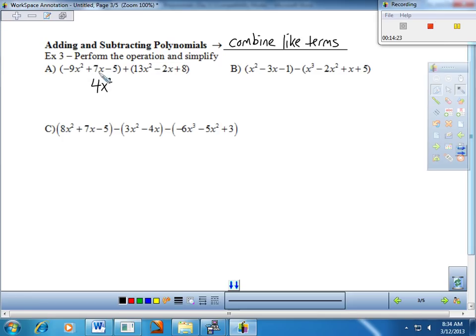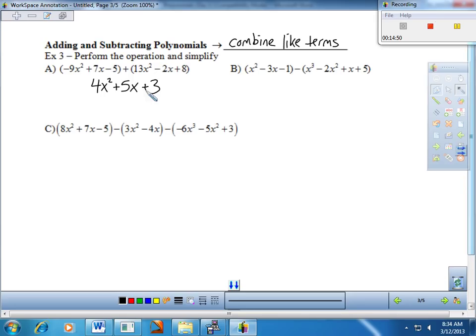Now the next, I have 7x's in the first polynomial. I add negative 2x's in the second polynomial. Without too much issue there, I have 5x's. Same deal here, everybody, just understanding how to perform each operation. In this case, I have negative 5 units. I add 8 units. And so I have positive 3 units.